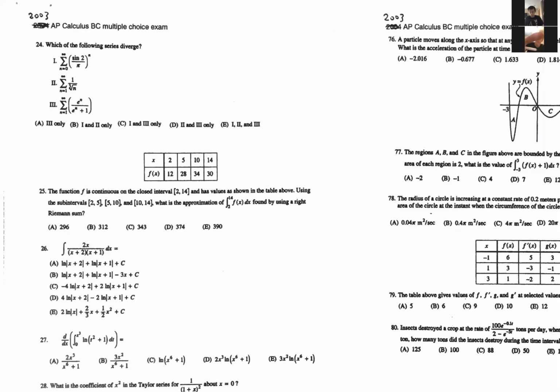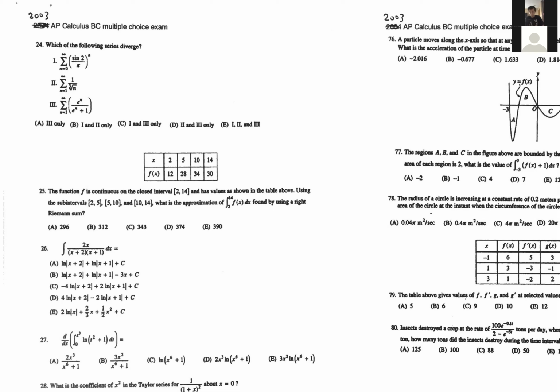Okay, so which of the following series diverge? If you look at this first one, that's geometric. So sine 2 over pi. Doesn't sine always have to be between -1 and 1? Everyone's okay with that? So the biggest that sine 2 could equal would be 1, even though it's going to be smaller than 1. So if you have, let's pretend it's the biggest you can make it, 1 over pi.